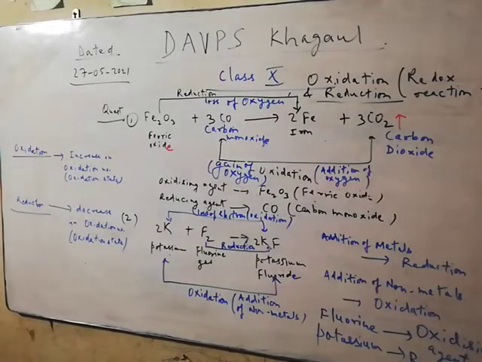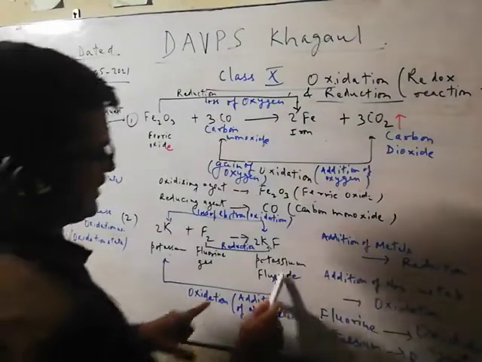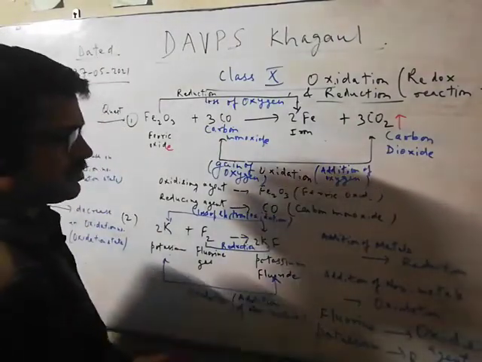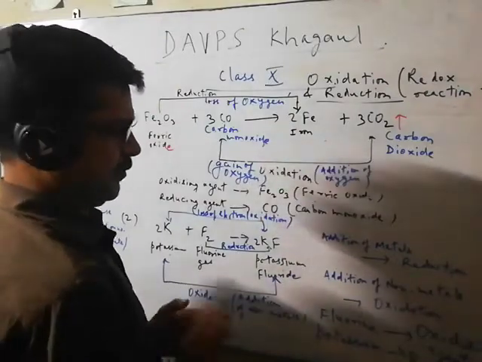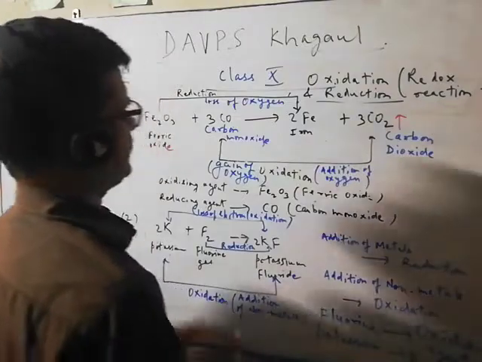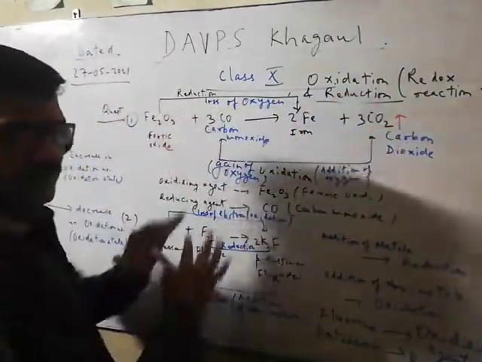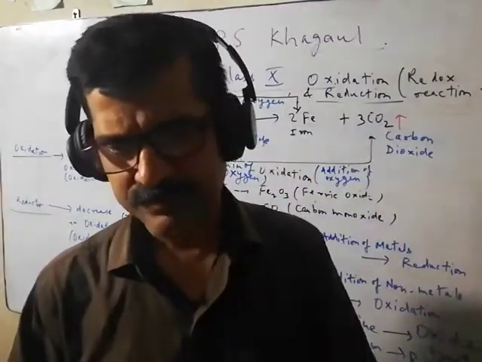That is very, very important to learn and understand: potassium is going through oxidation, so it is the reducing agent. Fluorine is going through reduction, so it is the oxidizing agent. That is the sense of oxidizing agent and reducing agent.